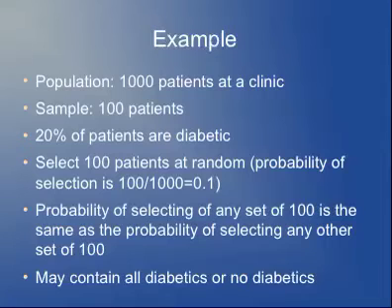Most likely you would expect to get about 20 diabetics, i.e. 20% of 100, but there's no guarantee of that. You could end up with no diabetics at all. If you got a freaky sample, you could end up with a sample that was entirely diabetics, which is unlikely but possible. Simple random sampling doesn't give you any control over the number of diabetics in your sample.